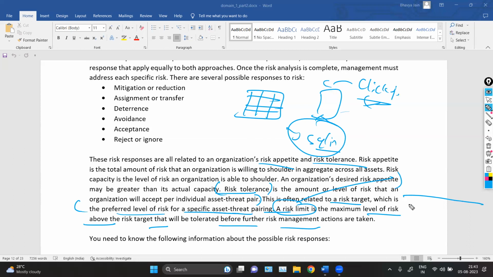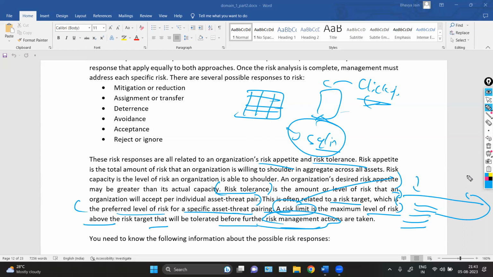Below this boundary, you can bear any risk, which is like the risk target. But above this boundary, you cannot bear the risk, and you have to take risk management actions. So risk limit is like a boundary here.